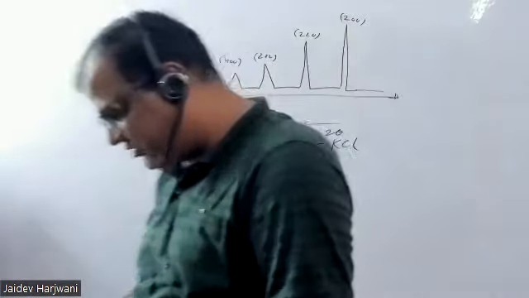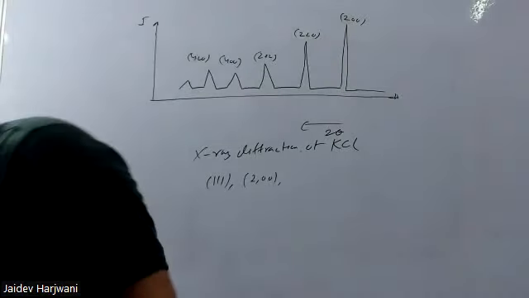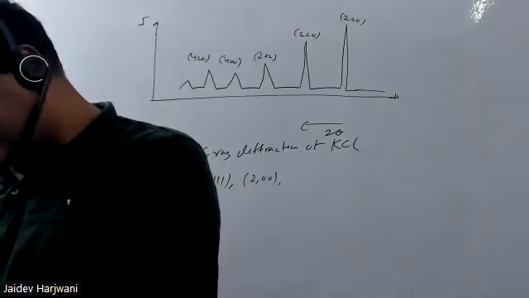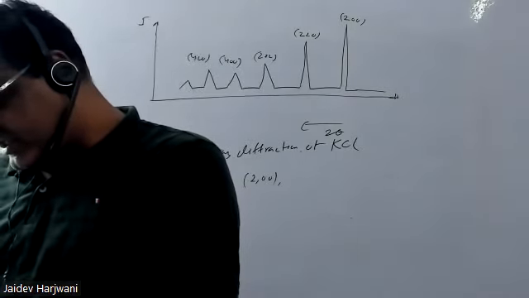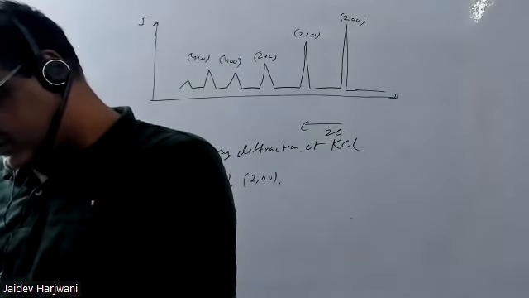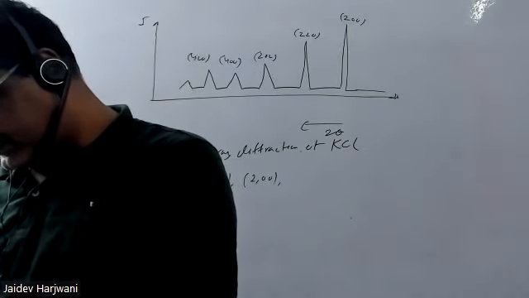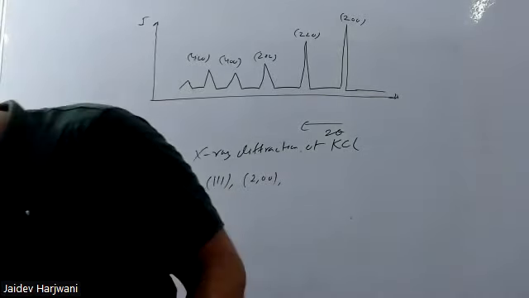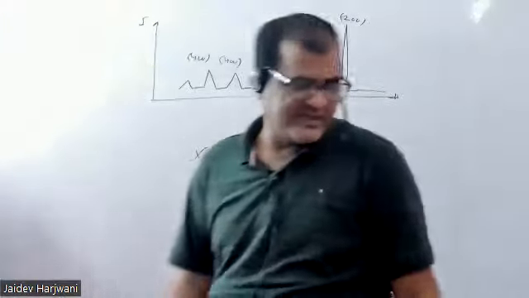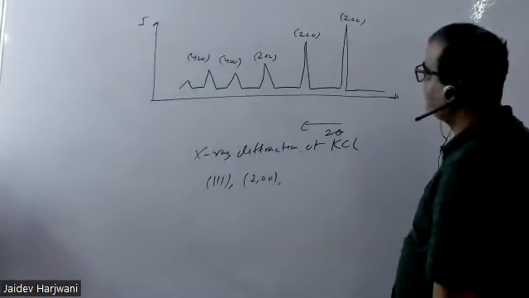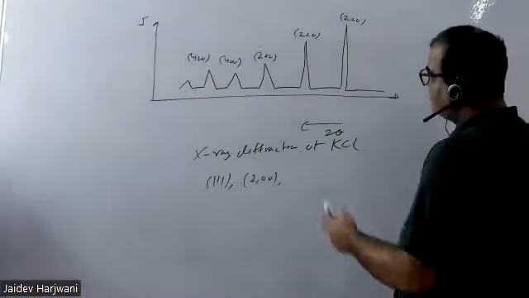So the first should be 111, then 200. But the odd HKL values are not present in the case of KCl, like 311 is not present, 111 is not present.